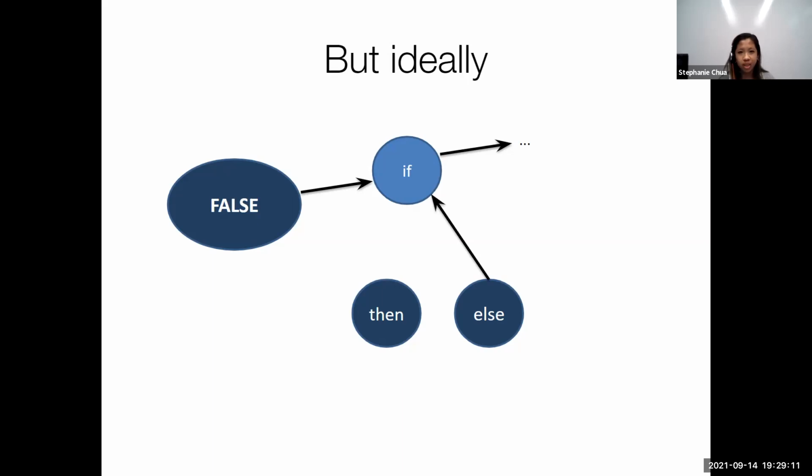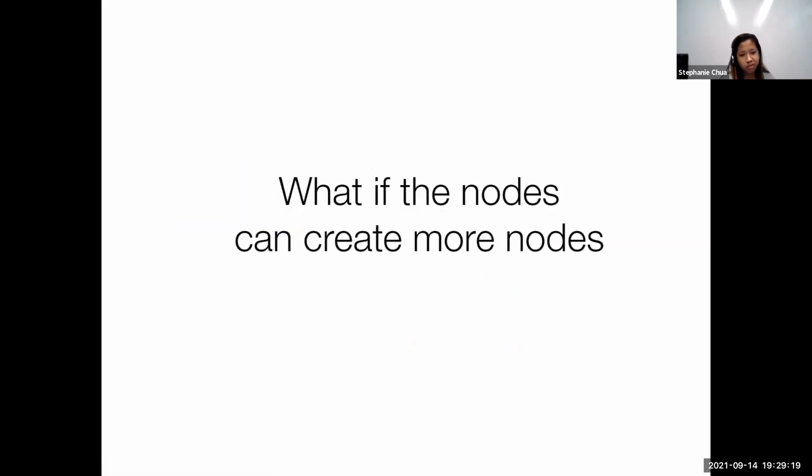This is what I mean by a dynamic graph. We want it to change on the go in a way. And of course, if we're talking about dynamic graphs, what if the nodes can also create more nodes?